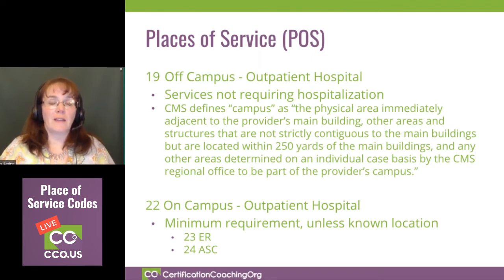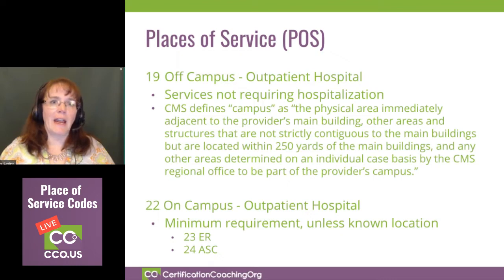So you may think of Johns Hopkins, which may have this large area taken up in Baltimore with all sorts of medical offices. Well, that whole thing is considered a campus, so they're all within 250 yards.